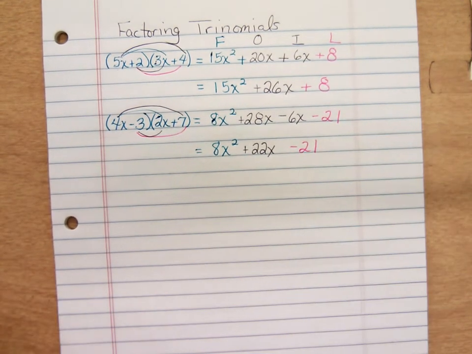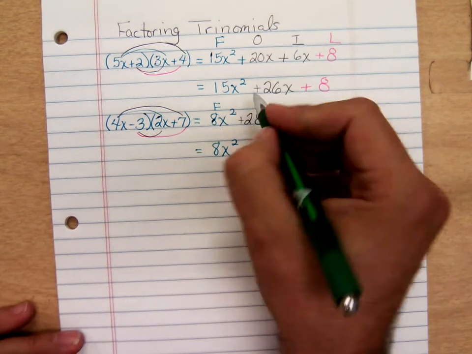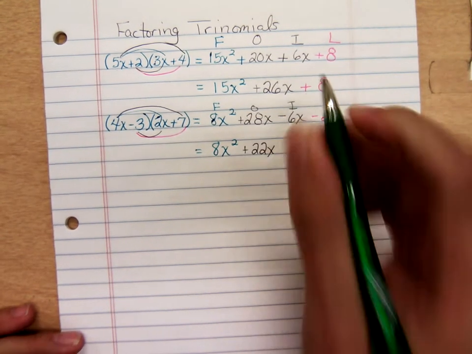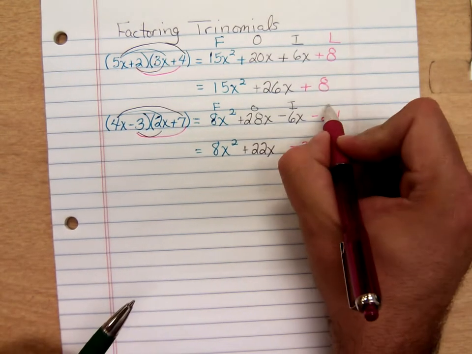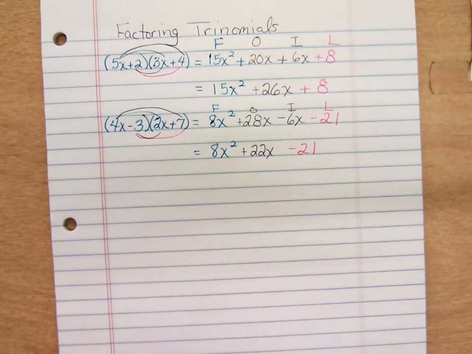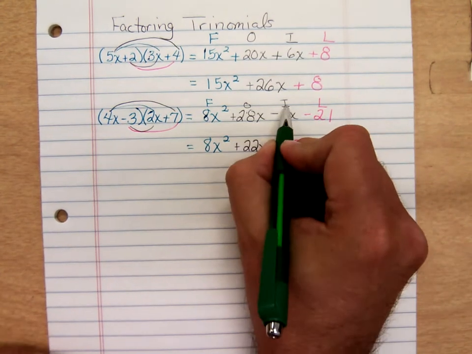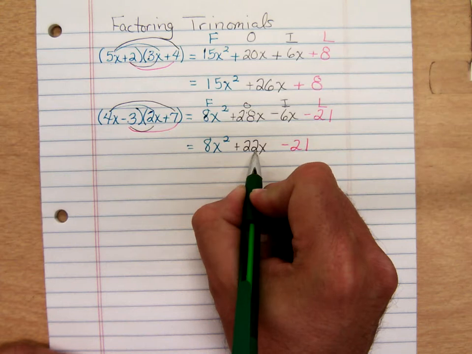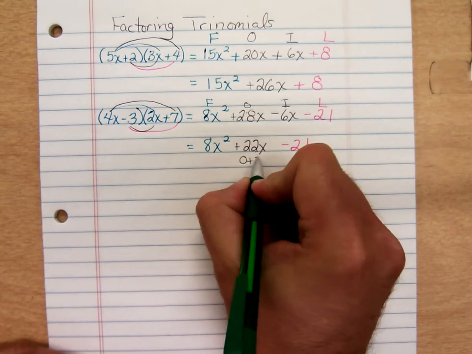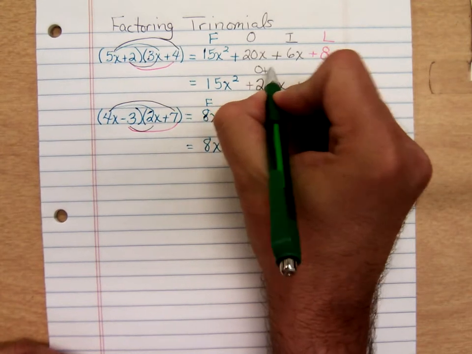So once again, first, outer, inner, last. Now you might notice, what's up with the colors? Well, what I'm trying to show with the colors is that the outer and inner terms combine together to give this middle term. The outer and inner combine to give the middle term on both of these. Okay?